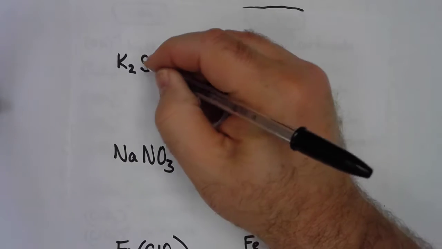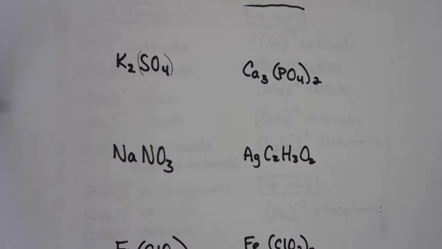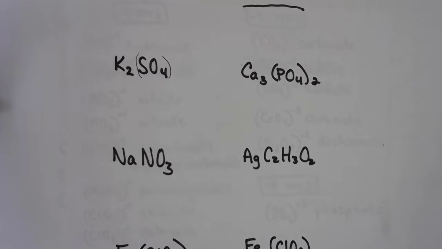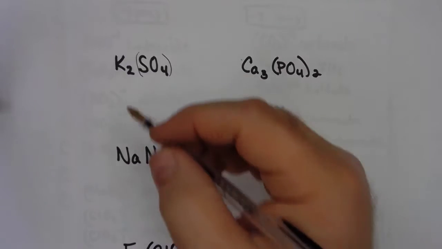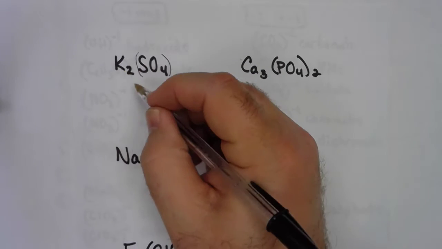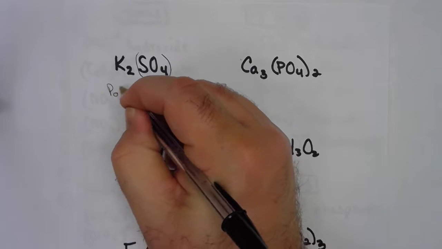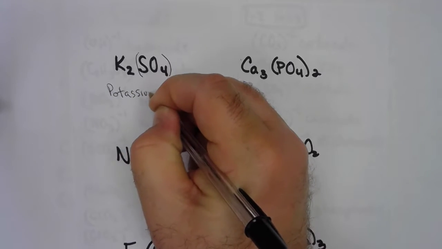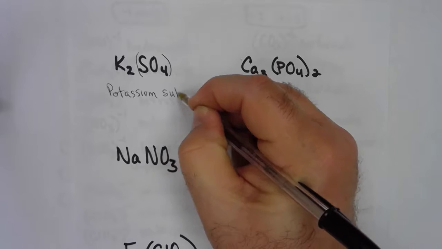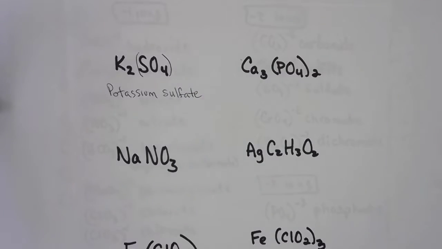I don't mind if my students put parentheses around the SO4. Really doesn't bother me at all. So I know that's sulfate. K is potassium, SO4 is sulfate, and it's as easy as that.